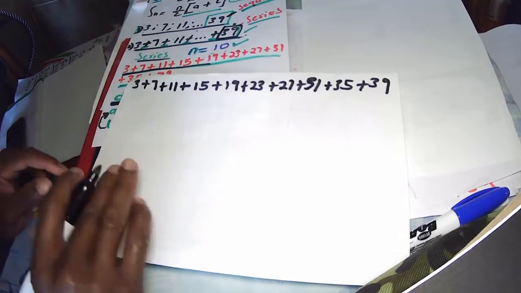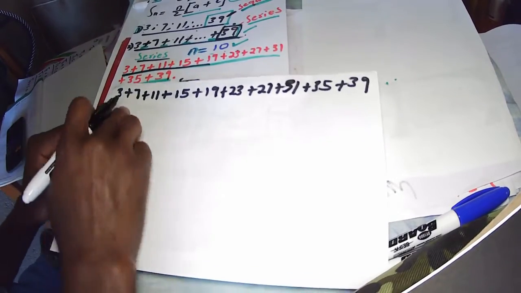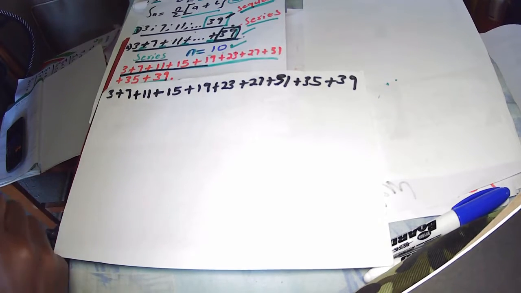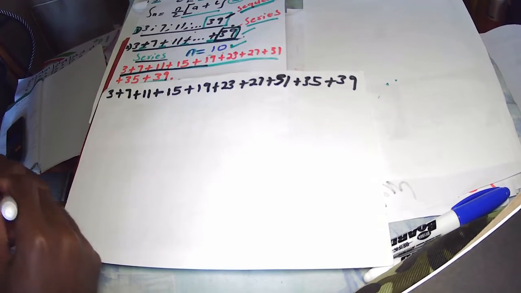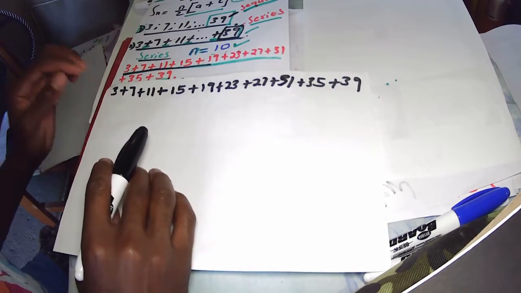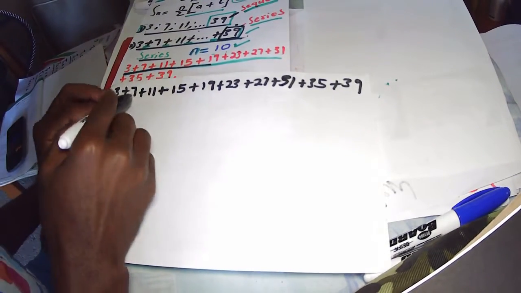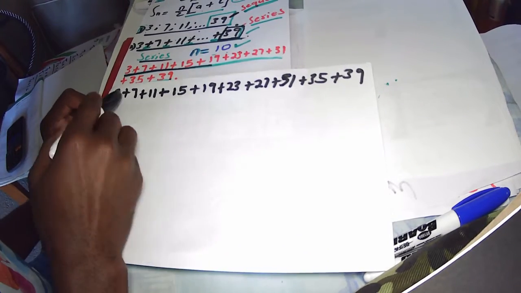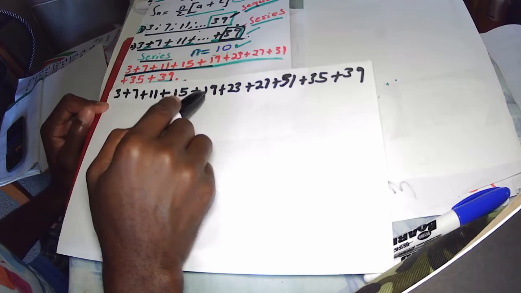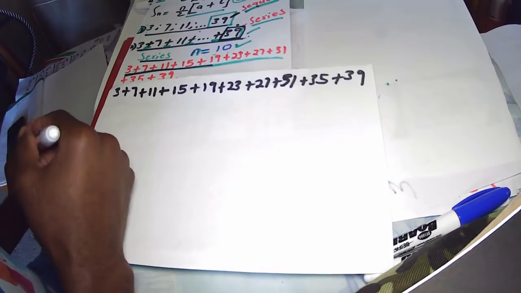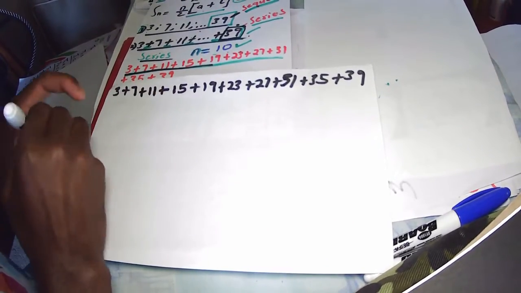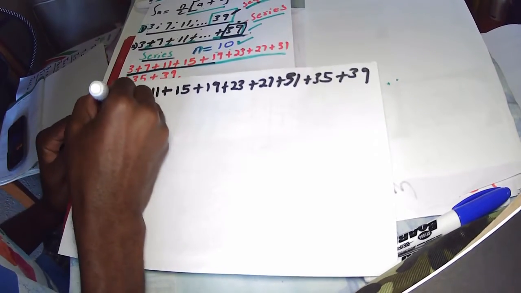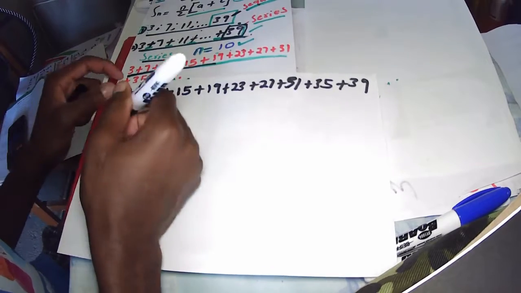To get the sum, we just add the terms. But the condition is that we can add these numbers going forth and back, so we need to copy this backwards.